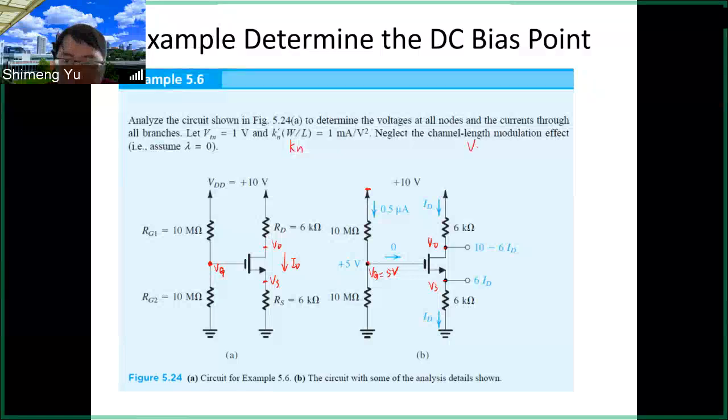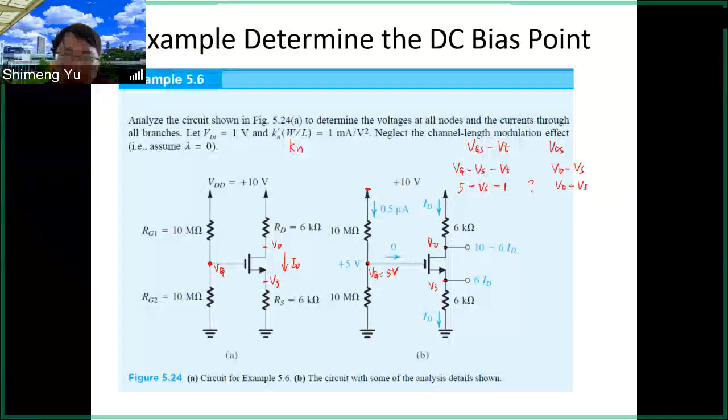Because you need to compare VGS minus VT to VDS. VGS is VG minus VS, and VDS is VD minus VS. VG is known, 5. VS you don't know. VT is given, 1. VD you don't know. So you don't know which one is larger and which is smaller. This is tricky.